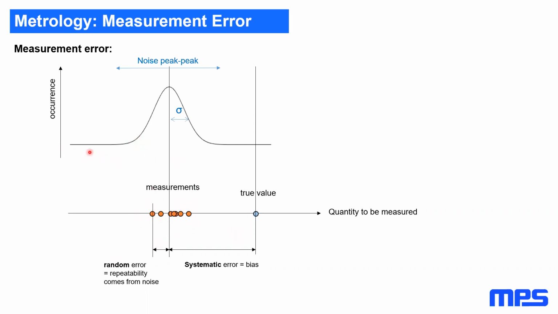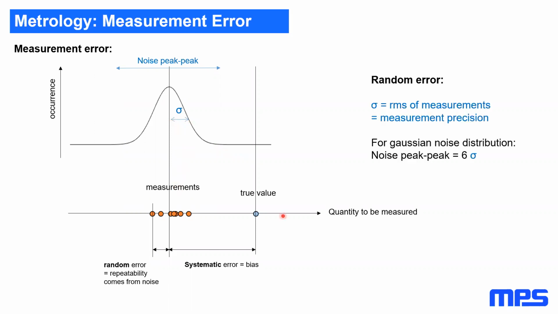And because this usually follows a Gaussian curve, or at least we model it as a Gaussian curve, because a lot of smart people have already done all the mathematics for Gaussian distributions, we can provide a lot of statistics based on just standard deviation. So we're going to say that the peak-to-peak noise distribution, so from the furthest noise that we see over here to the furthest noise we see over here, is a 6 sigma or 6 standard deviation distribution.